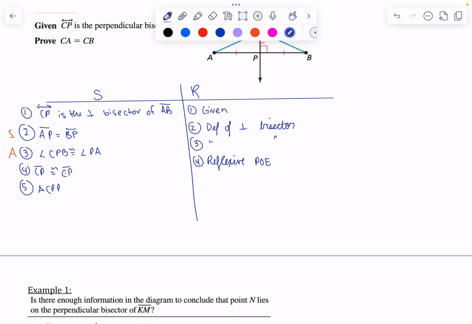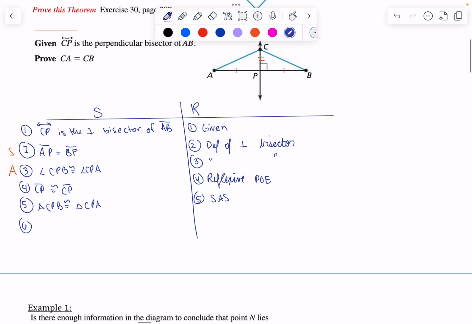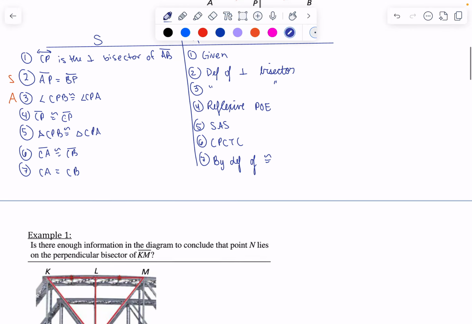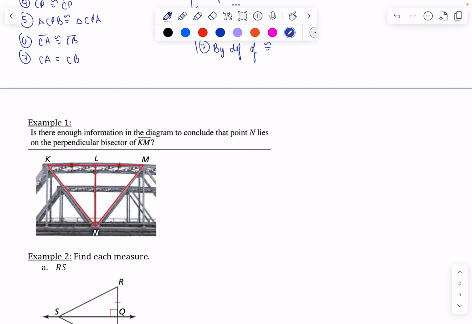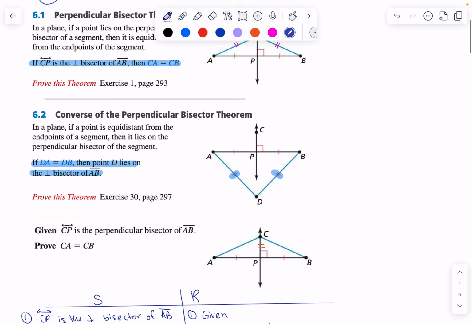And the reason why they're congruent at this point is, I forgot the C, is by side, angle, side. If the two triangles are congruent, I know that CA is congruent to CB by CPCTC. And lastly, CA is congruent to CB by definition of congruence. Okay, very good.